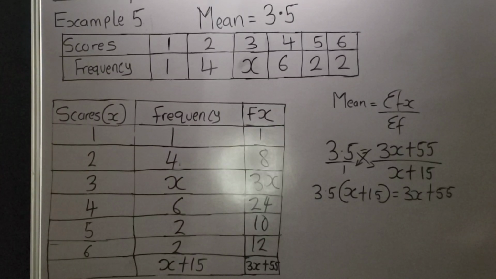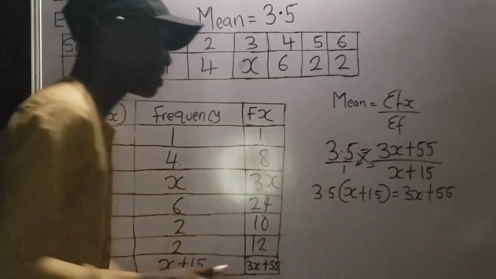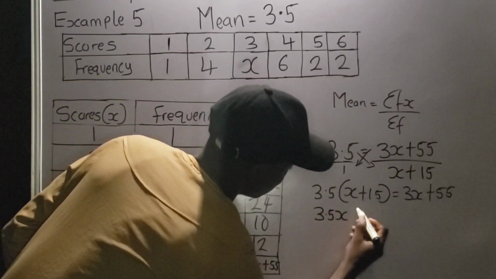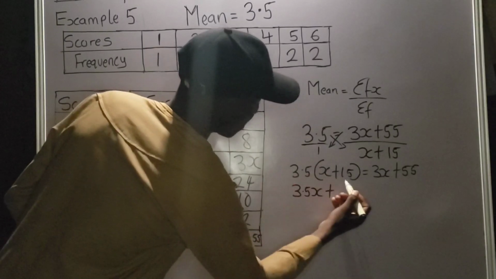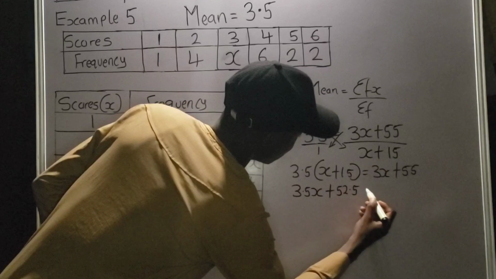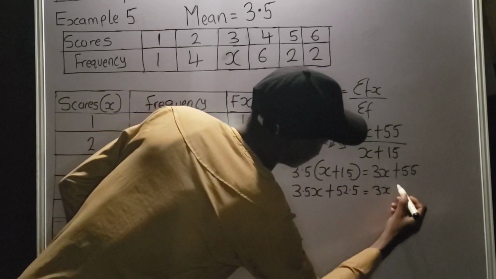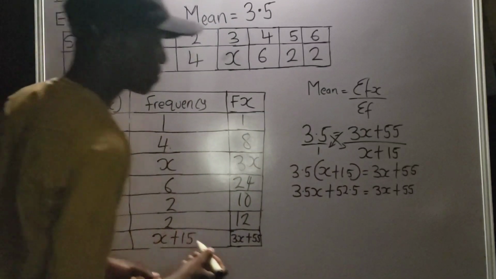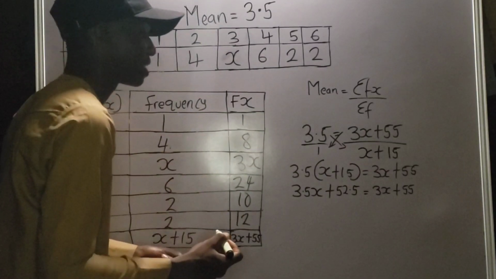So now let us proceed. Multiply 3.5 by x, that is 3.5x, plus 3.5 multiplied by 15, that is 52.5, is equal to 3x plus 55. Do you understand? So now, the next step is that we are going to collect like terms. Are you getting it?